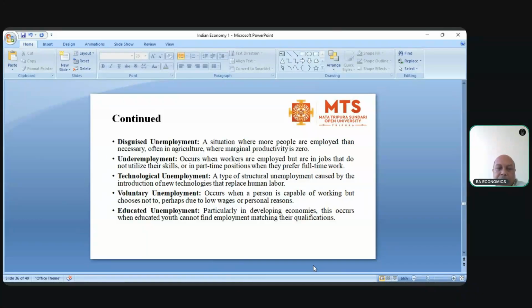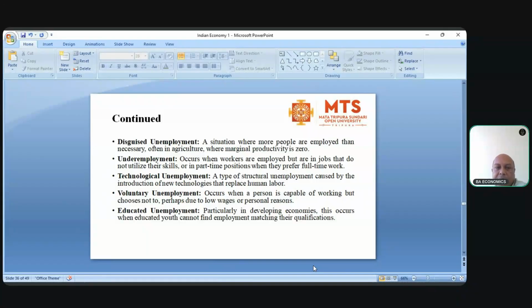Educated unemployment. Currently in urban areas, this type of unemployment arises, and in this case, highly educated people are unable to get a suitable job. It is possible that many highly educated people are unemployed because they are unable to find a suitable job, or you can say the job requirement does not match the qualification.